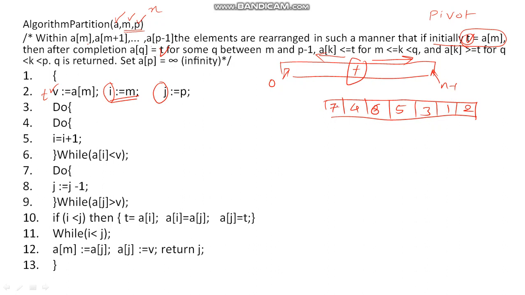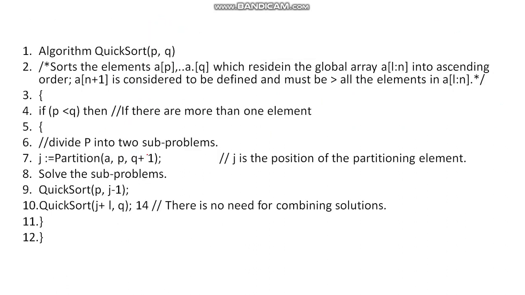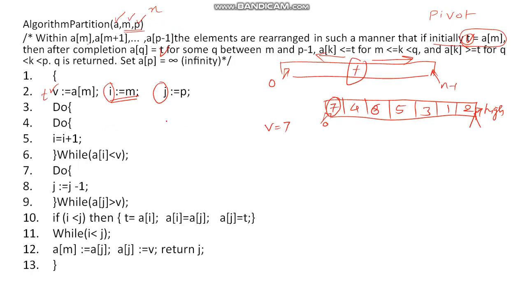Now 7 is considered as v, so v is equal to 7. Then i is equal to low, the lower index, which is 0, and p is equal to high plus 1. So p points here, next to the higher index. This partition algorithm is called by the quicksort algorithm, where q plus 1, that is high plus 1, is passed.